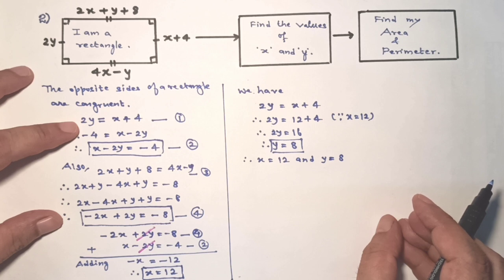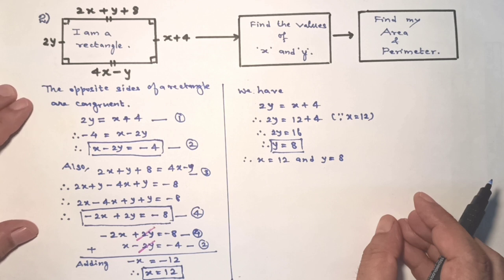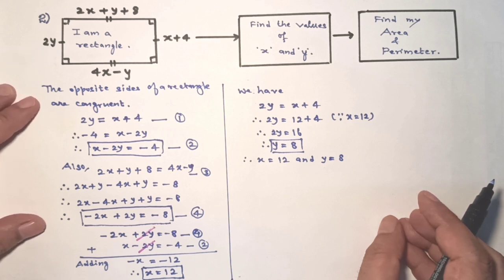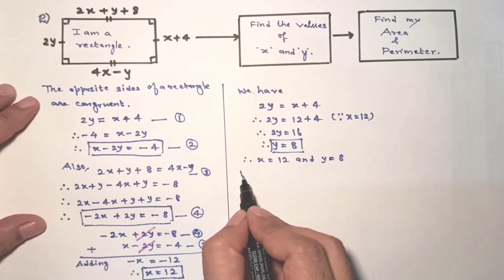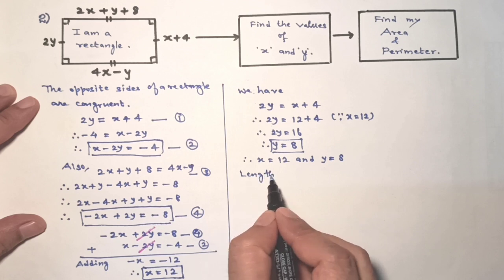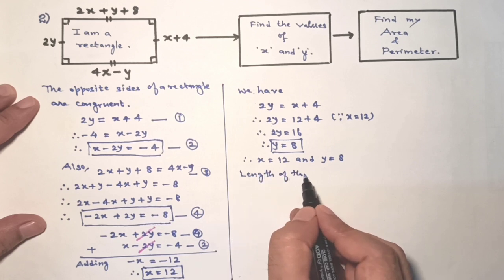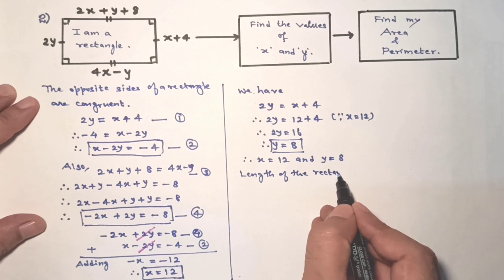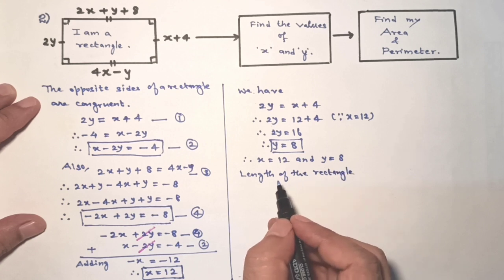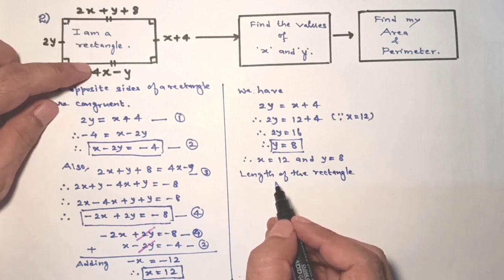You have to find out first length and breadth, because then only you can find out area of a given rectangle. So what is your length? Length of the rectangle, look at these two, this is your length.